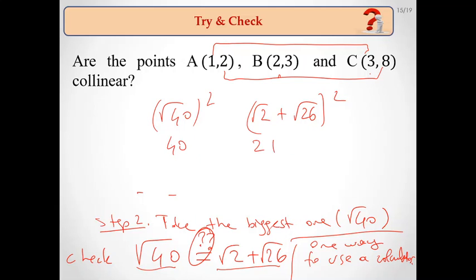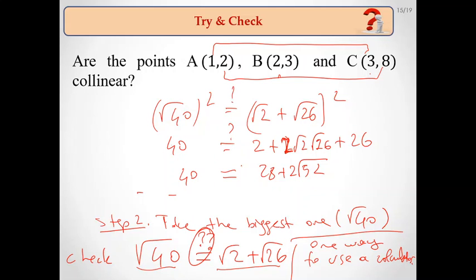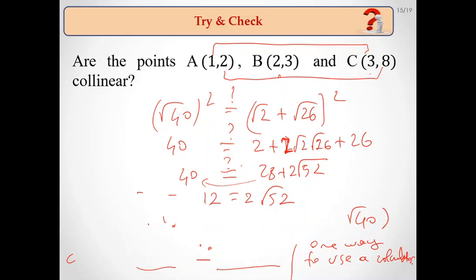Now this makes 2 times square root 2 times 26 plus 26, which makes 28, plus 2 times square root 52, and 40. Are they equal? So the question is, are they equal? If they are equal, you can send this one to the other side. You can get 12. Is it equal to 2 square root 52?